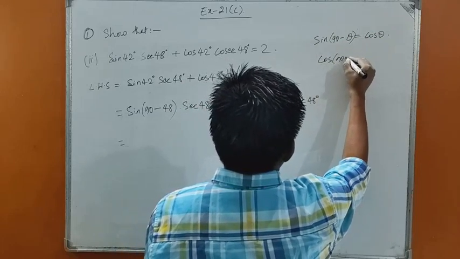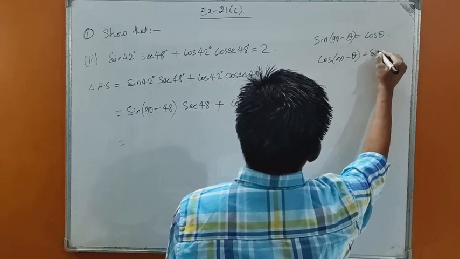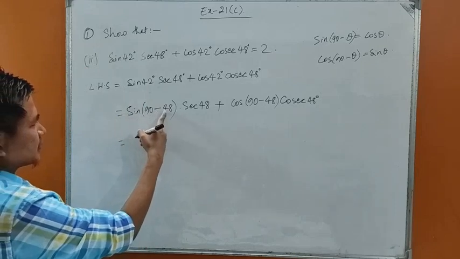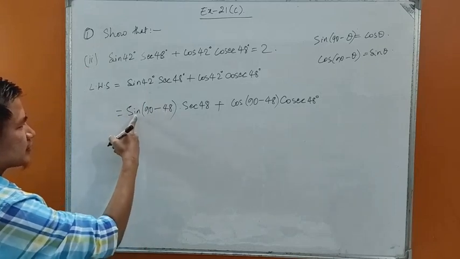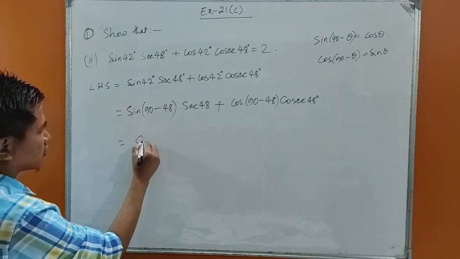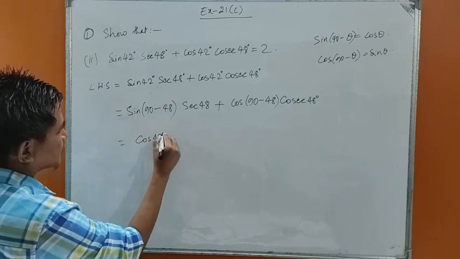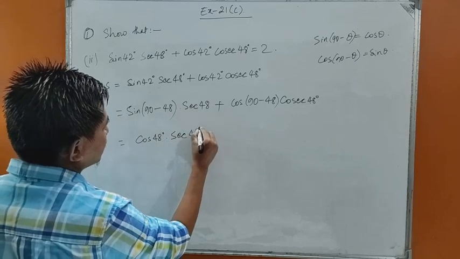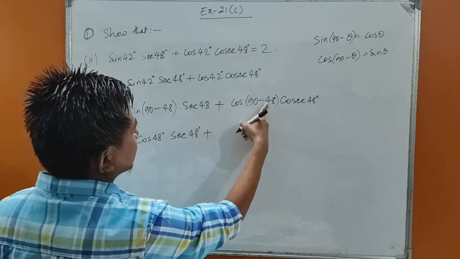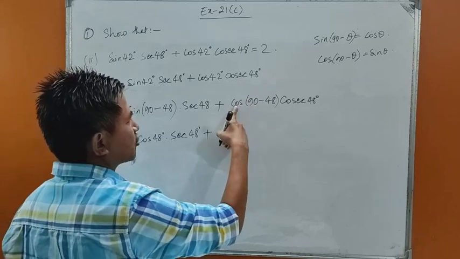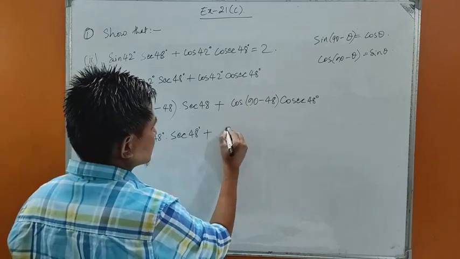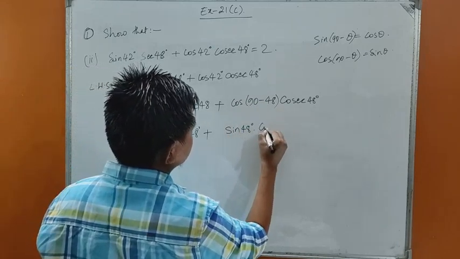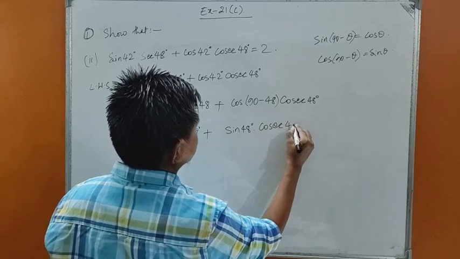So sin 90 minus theta, theta is 48, is cos theta, so cos 48 into sec 48, plus cos 90 minus theta. Here theta is 48. Cos 90 minus theta is sin theta, so sin 48 into cosec 48.